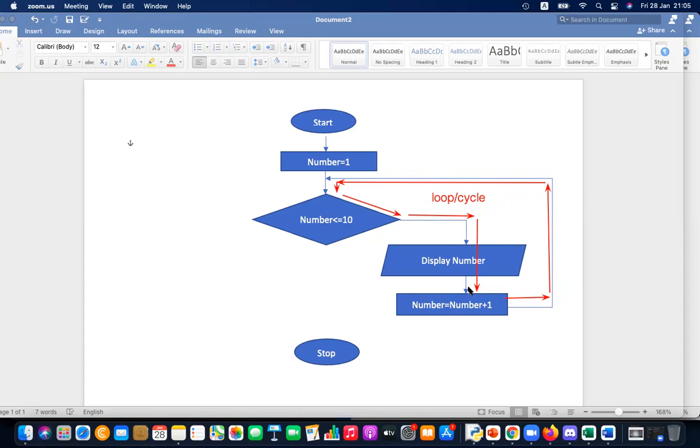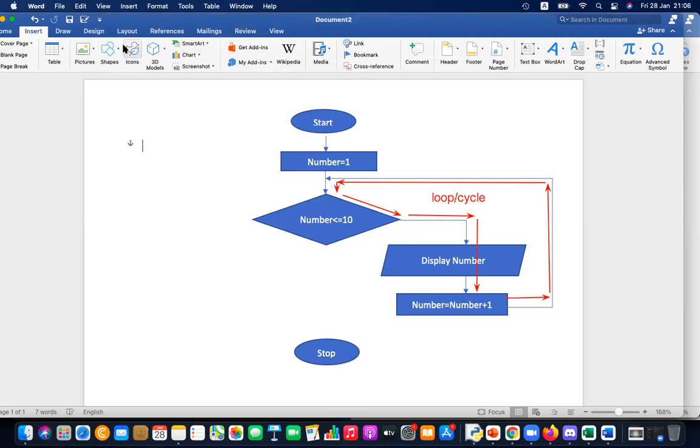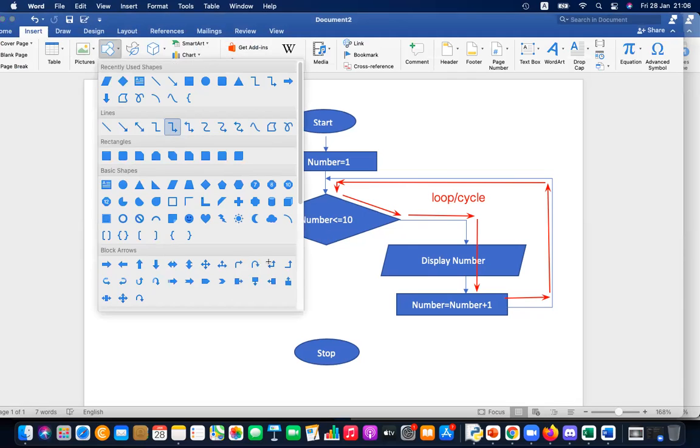Keep repeating, keep looping, finally 10. 10 less than 10, no, but 10 equal to 10, yes, display, add 1, now 11. 11 less than or equal to 10, no, then you can come here and end the program, finish it.